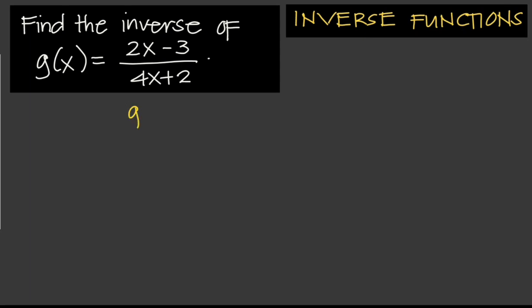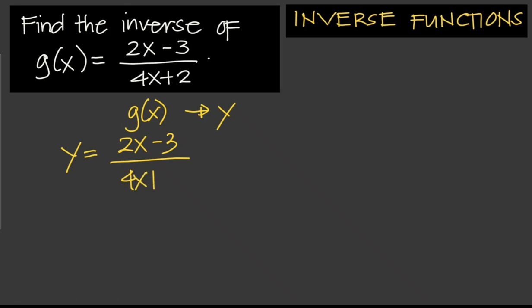Again, we replace g of x with y. So this would become y equals 2x minus 3 over 4x plus 2. And then we switch x and y. So this would be x equals 2y minus 3 over 4y plus 2.